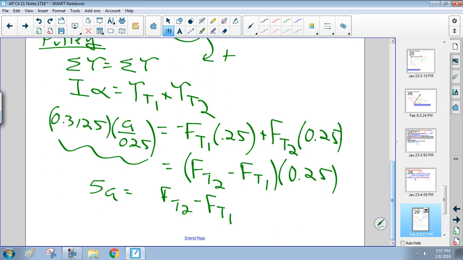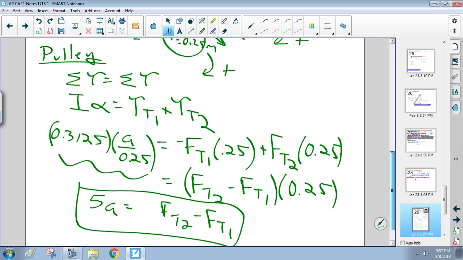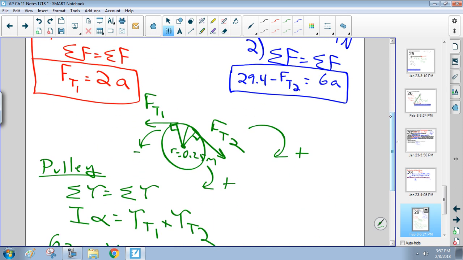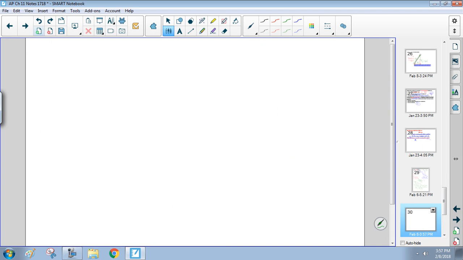Okay? So now I have 3 equations and I need to solve them. So here are my 3 equations: this green guy and then the blue and the red from above. Okay? So let's go to a new page. So here we go. Red equation was force of tension 1 equals 2A.